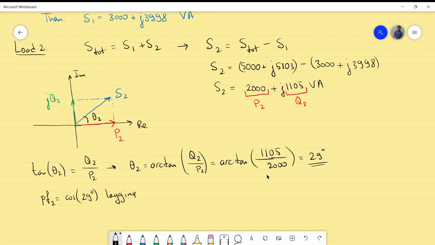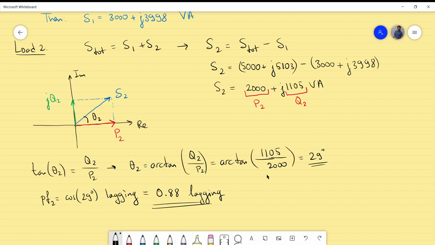That is very important, so don't forget lagging or leading, when it's a negative phase of course. The value here is almost 0.88 lagging. Okay, so that's for question A. The whole business for question A is done.